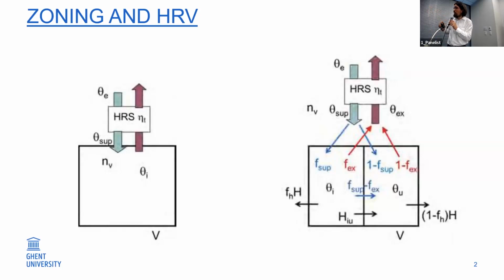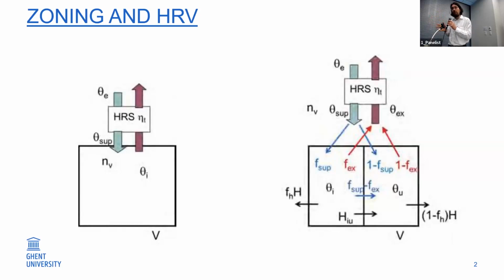In the left picture, you can see the one-zone assumption. The preheated air goes into the space, is then exhausted again, and is used to recover heat to heat the incoming fresh air. In this situation, apart from the correction factors that we heard about a couple of presentations ago, we can assume that the performance will be relatively close to the test conditions of the system.